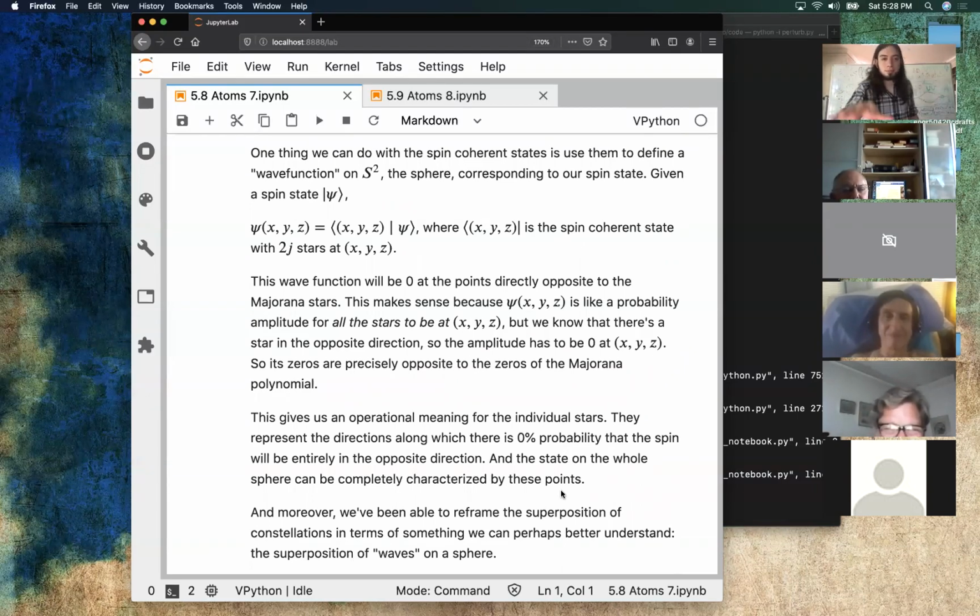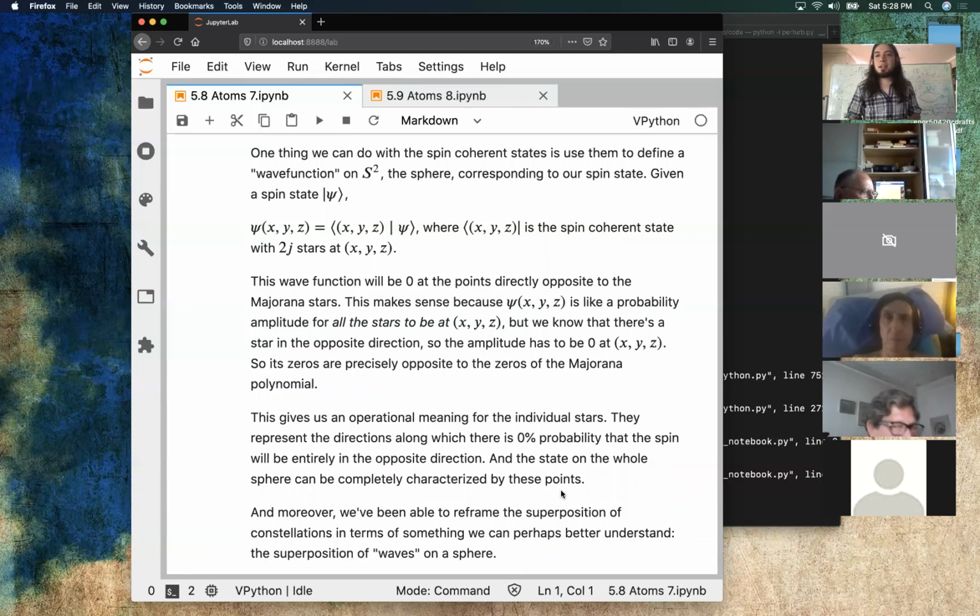Here's the thing. We can use the spin coherent states to define a kind of wave function on S2 corresponding to our spin state.